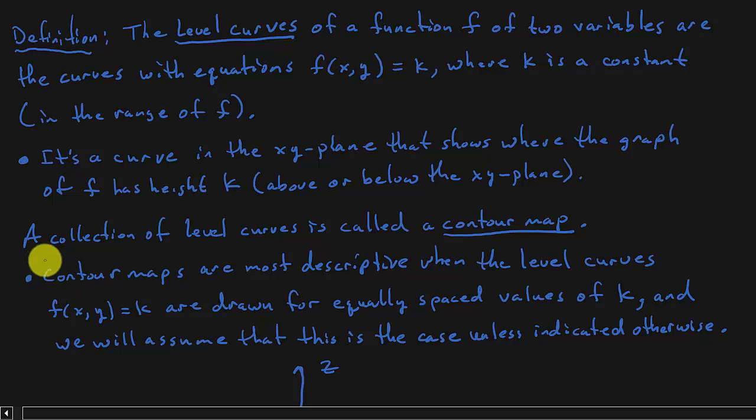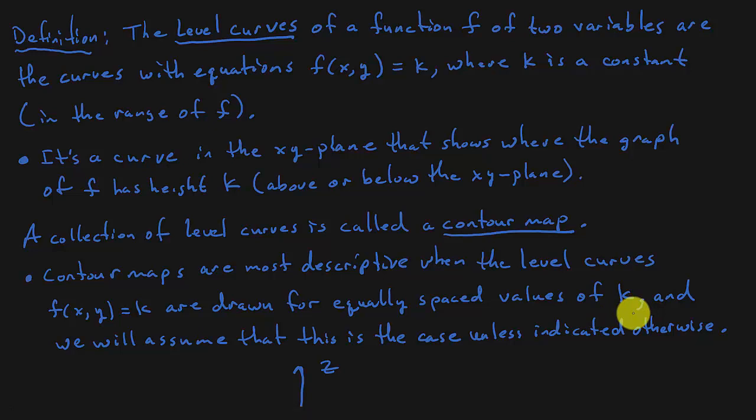A collection of level curves is called a contour map. Contour maps are most descriptive when the level curves f of x, y equals k are drawn from equally spaced values of k. So in other words, if you want k to be 0, and then you go to 5, the next ones you would want are 10, 15, 20, and so on.